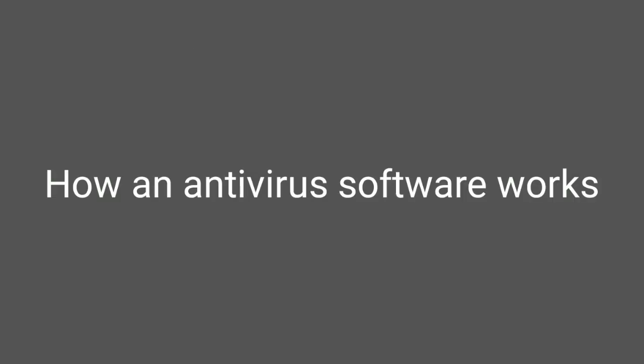Next, let us study how an antivirus software works. We have seen that antivirus software is used for detecting and removing virus or any other malware which is present in our computer system. And how does antivirus software find out whether a virus or malware is present inside the system? Antivirus software will scan the computer system.